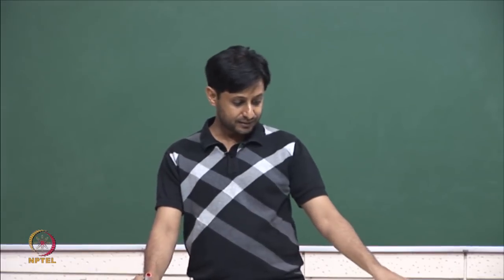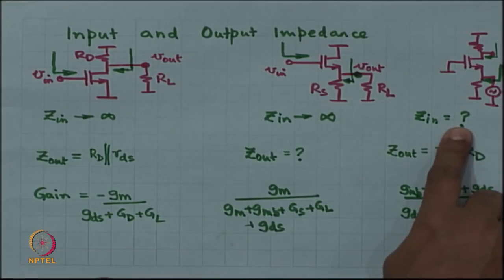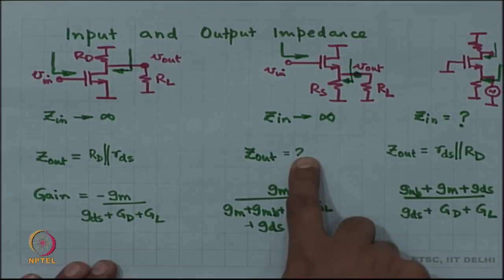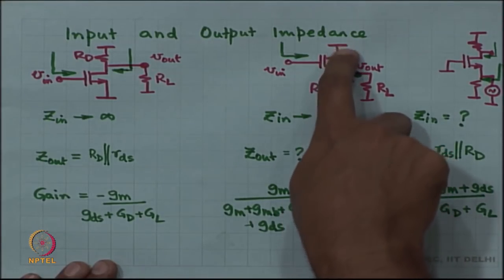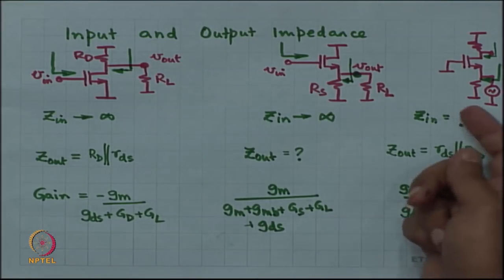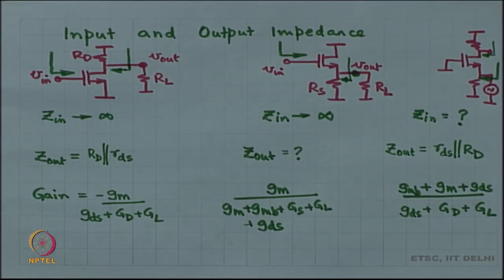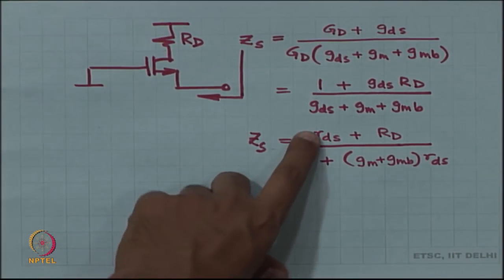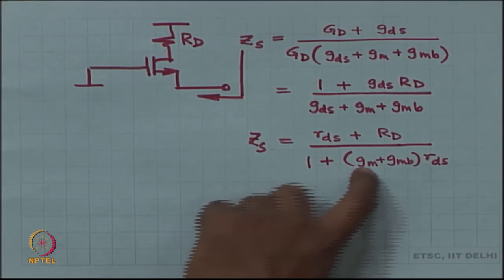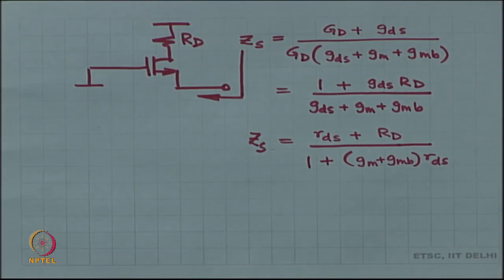Now, going back, so this answers this question mark. Over here you just plug in RD equal to 0 into the result, and you get rds by 1 plus (gm plus gmb) times rds.